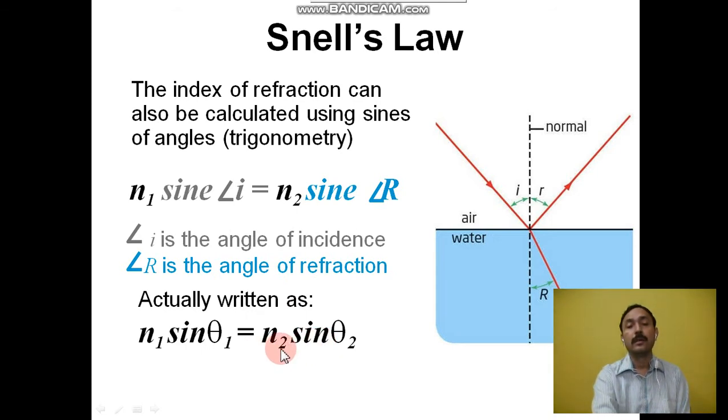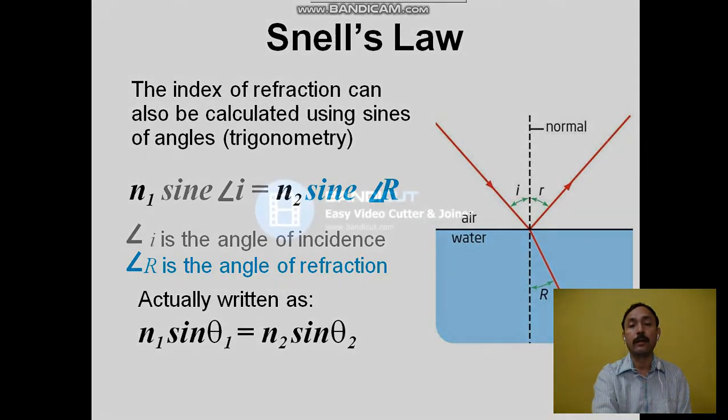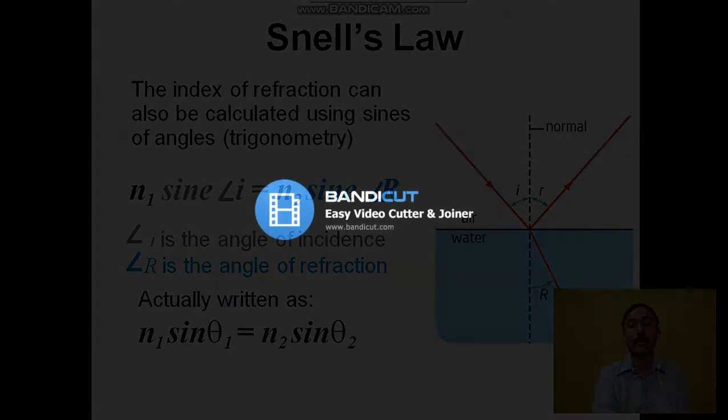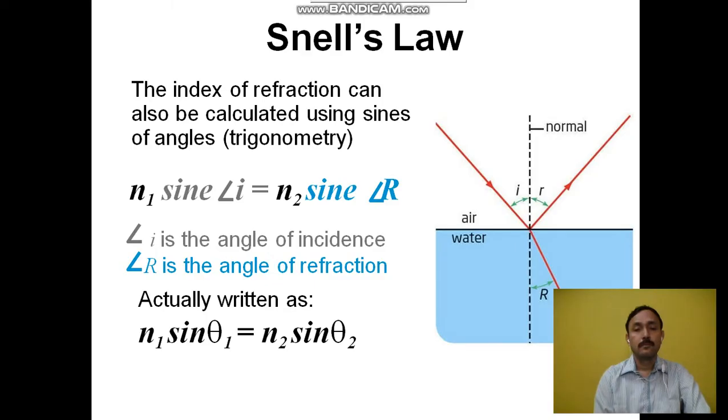That means the ratio of the sine of the incidence angle to the sine of the refracted angle is equal to N2 by N1. Thus, sin theta 1 by sin theta 2 is equal to N2 by N1 is equal to mu. That is the refractive index.